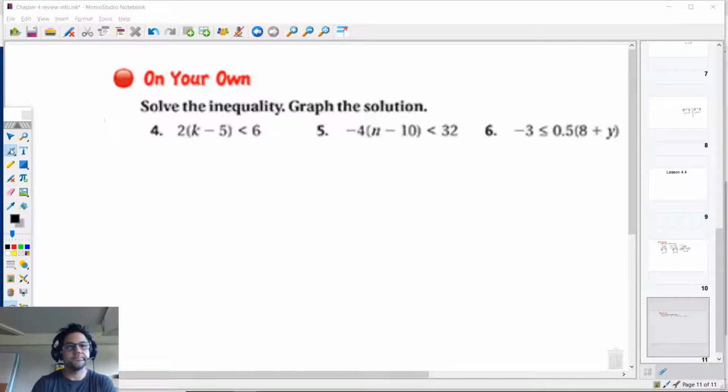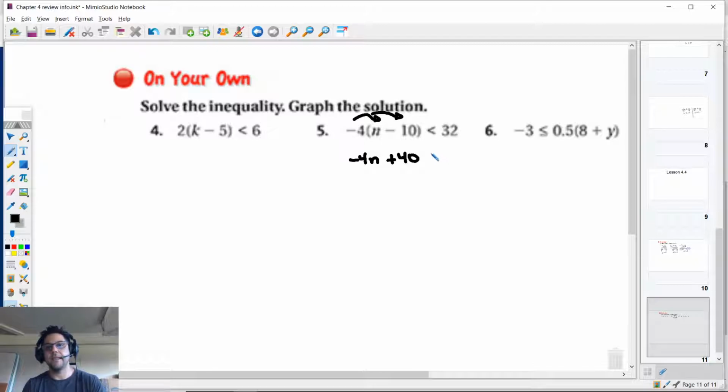All right, let me do number 5, basic way, advanced way, and then I think we'll call it as is. All right, basic way, negative 4 times n is negative 4n. Be real careful here. Negative 4 multiplied by negative 10 is positive 40, is less than 32. Subtract 40 from both sides.